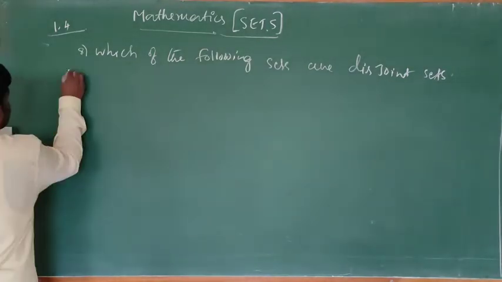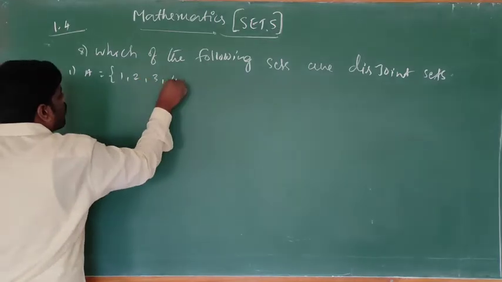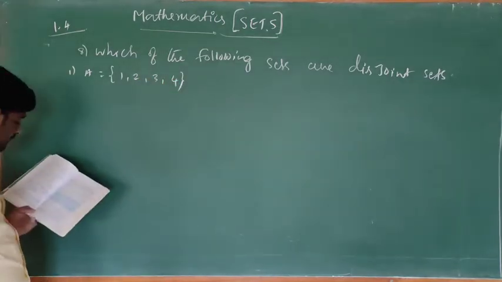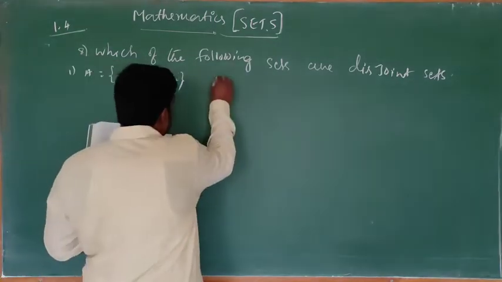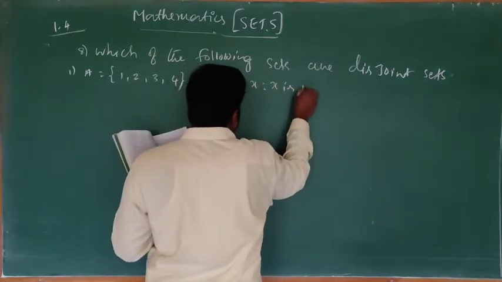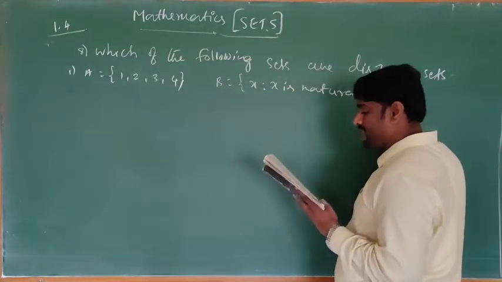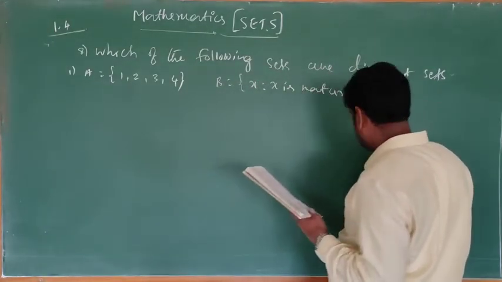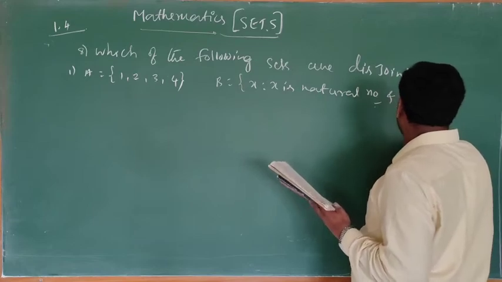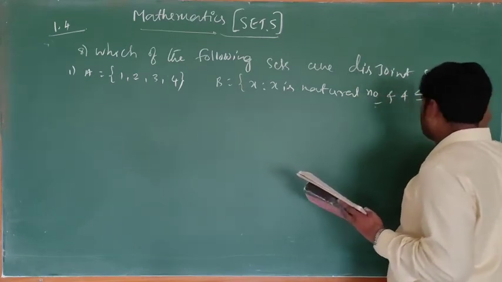First one, A is equal to {1, 2, 3, 4}, B is equal to {x : x is a natural number, 4 less than or equal to x less than or equal to 6}.